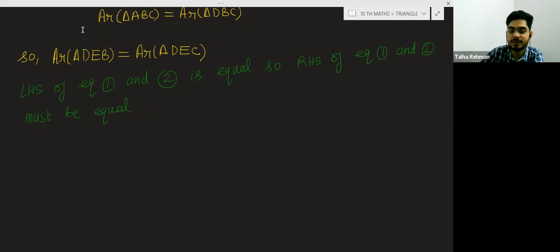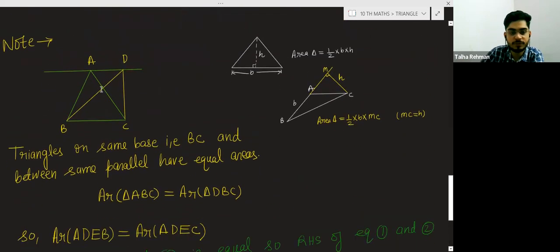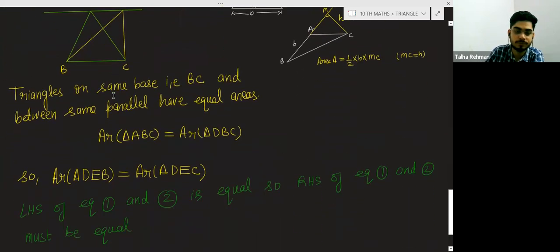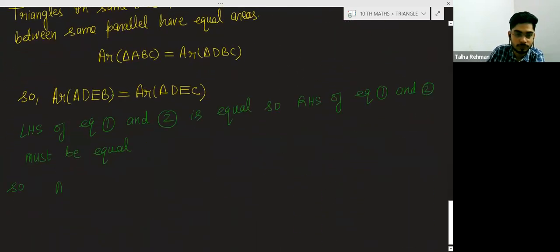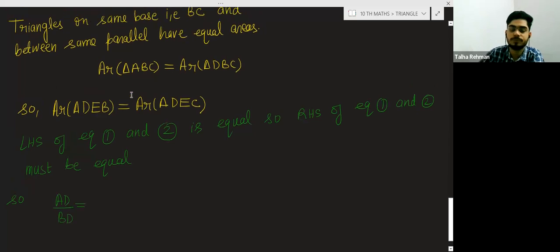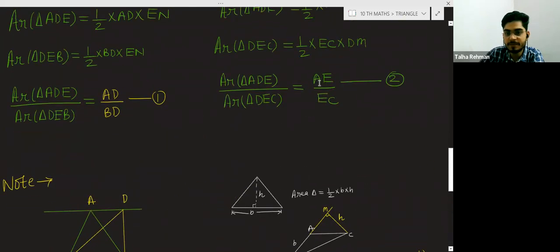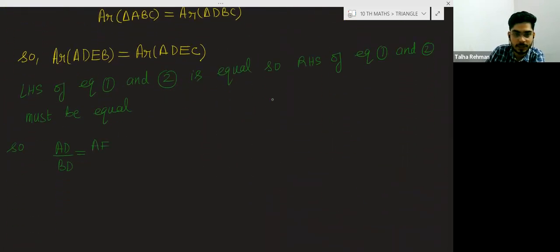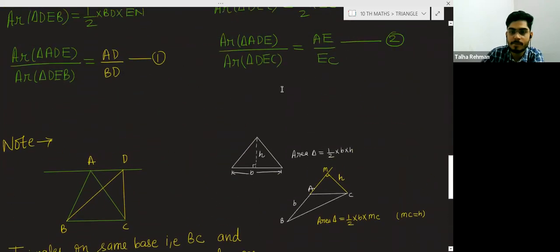So the right hand side of equation number 1, AD divided by BD, is equal to AE divided by EC. AE divided by EC.